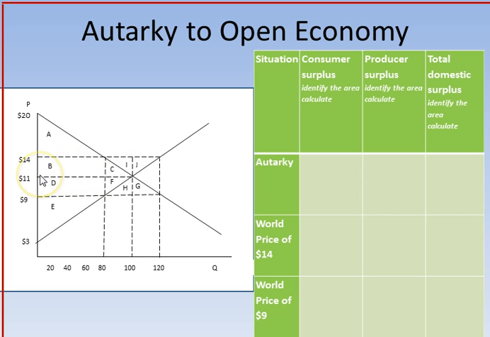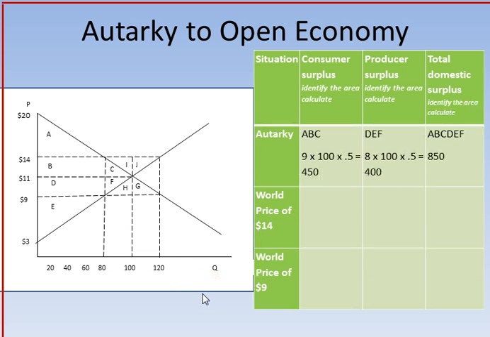So here my height is 9, my base is 100. I'll multiply that by 1/2. And when I do that, what I discover is that for my consumer surplus, I have a surplus of 450, my producer surplus is 400, and my total domestic surplus is 850.